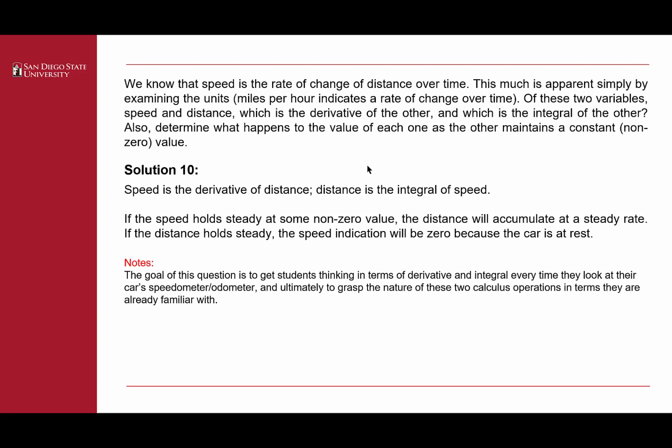If you are moving with a constant speed, it means that you are going from point A to point B, so your distance will be increasingly larger and larger. If the distance holds steady, then the speed indication will be zero, because if the distance is not changing, that means that you are not moving. The speed indication will be zero because the car is at rest.